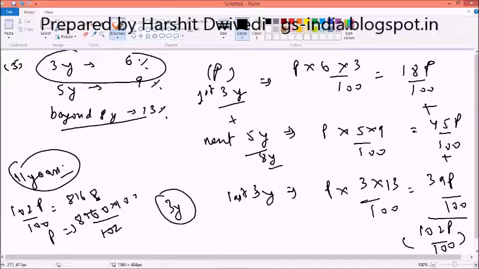This is somewhere around 80. It will come out as rupees 8,000. What will be your answer? Answer, that is initial principal was 8,000 rupees. So how much money did he borrow? He borrowed 8,000 rupees. This is our answer.